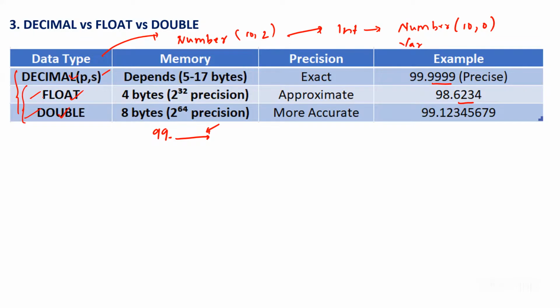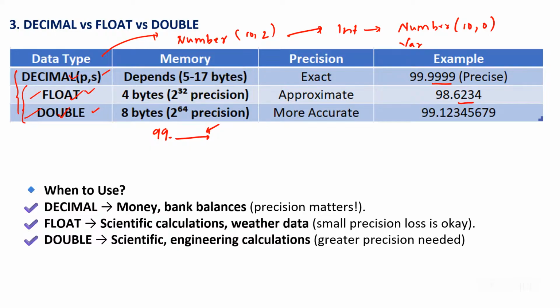There is no hard and fast rule. I want to use float, I want to use double, decimal. Whatever data types are supported by your database, you can use that data type. If you are dealing with money or bank transactions, we'll use decimal. If you have any scientific calculation where small precision loss is okay, we use float.